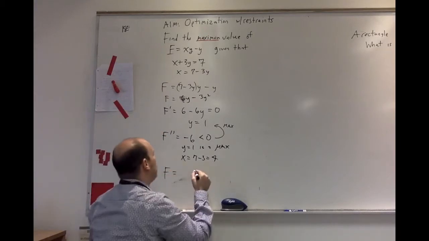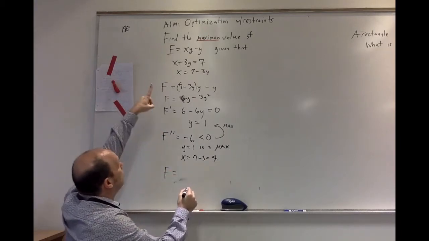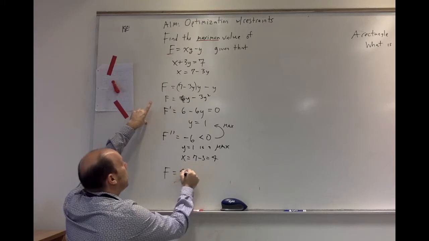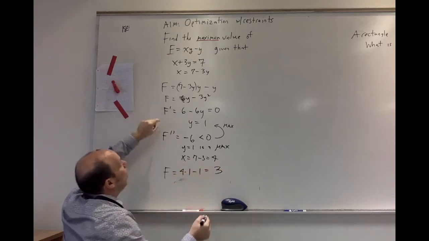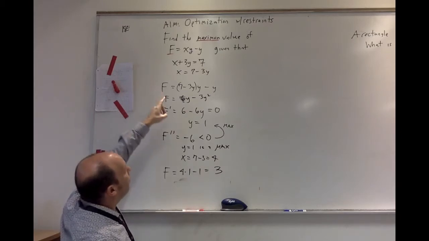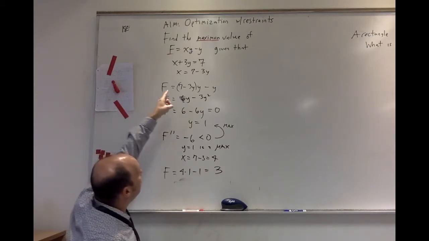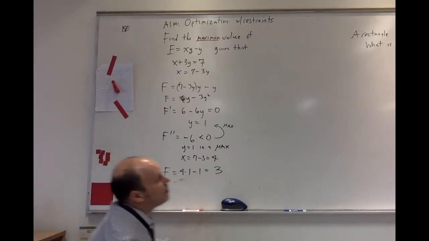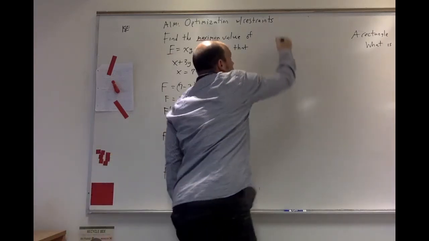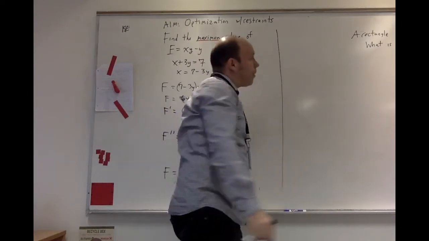What was the original function? 4 times 1 minus 1 is 3. So the maximum value of f, which equals xy minus y, is 3. Basic. Okay.